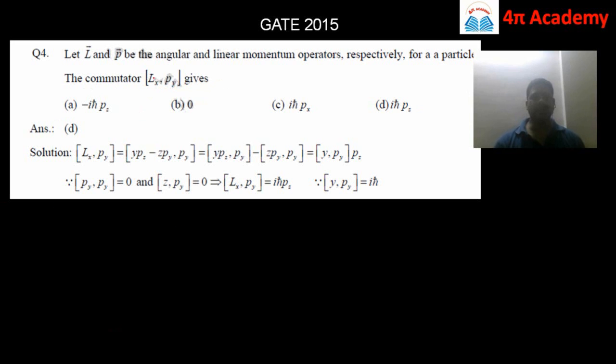So let us solve this commutation bracket of Lx comma Py, which is equal to, let us substitute here the value of Lx, which is ypz minus zpy, comma Py. And this is equal to, first ypz comma py minus zpy comma py.